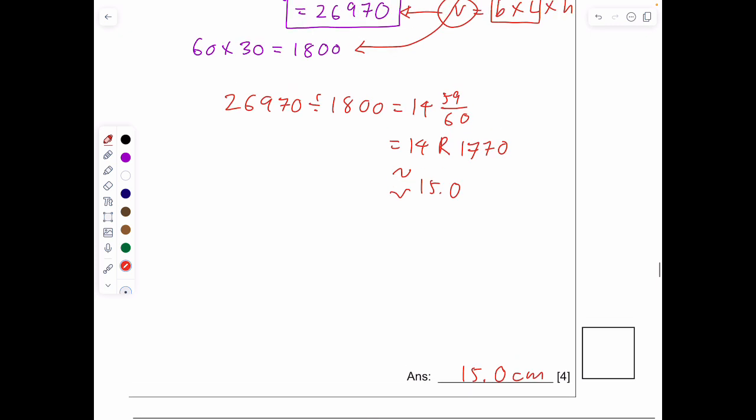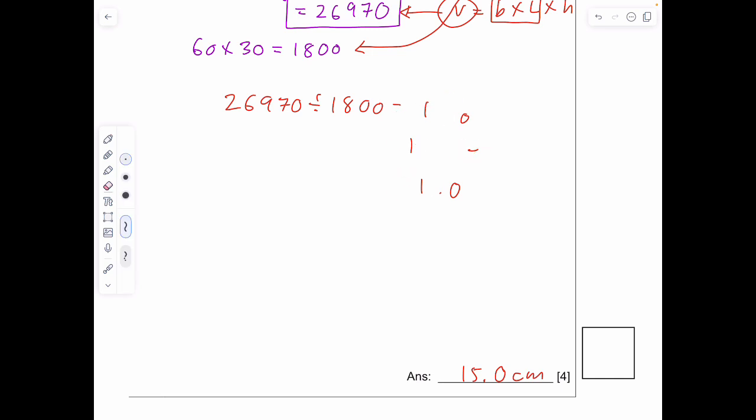Okay, maybe to make things a little clearer, let me redo this part. So if you press using your calculator, you will get 14.98 something.